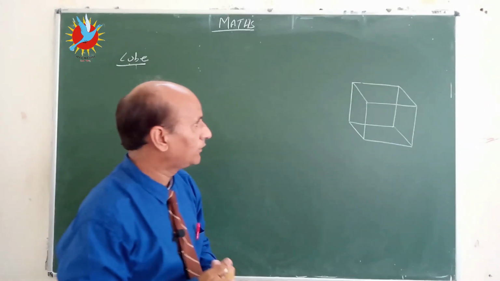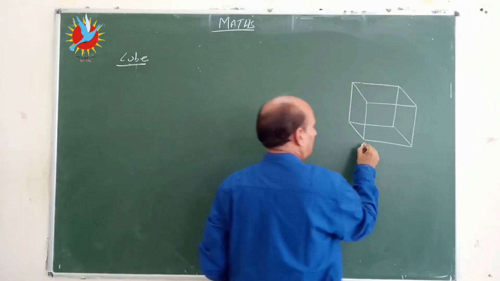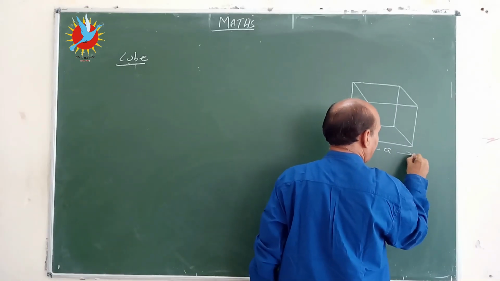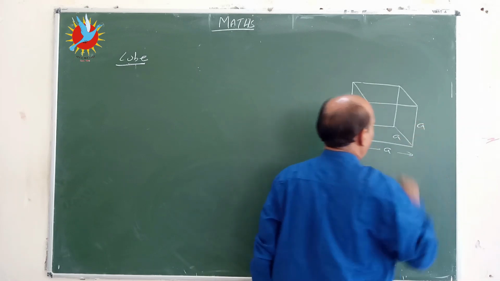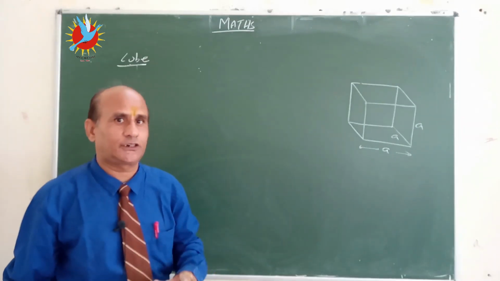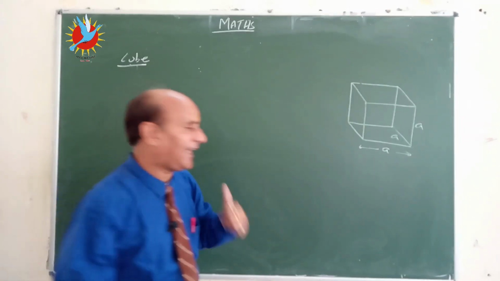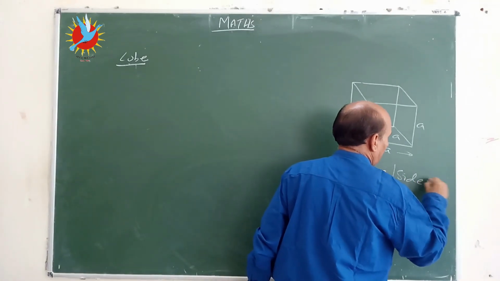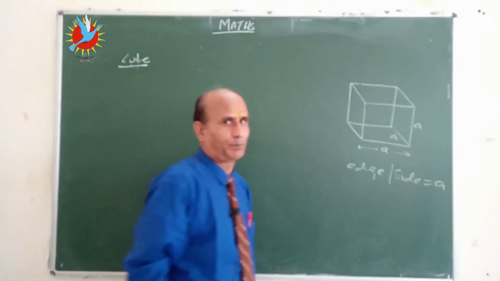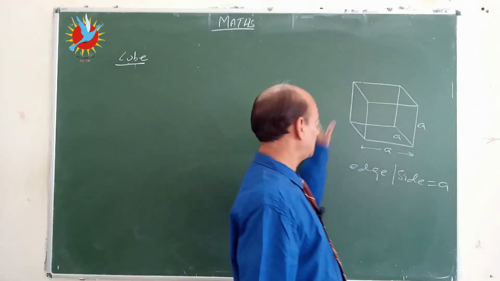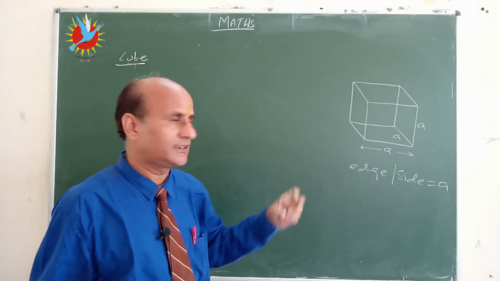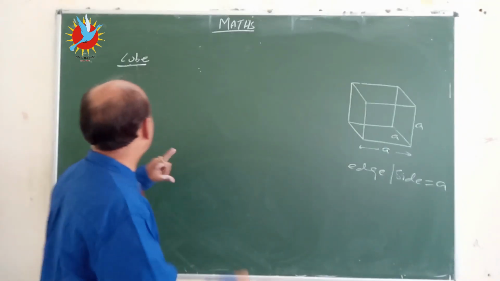It is a figure where all sides are equal and each side, let us take it as A. Now the side of the cube is sometimes also given in the form of edge, and we will take it as A. Since all the dimensions are equal in size, we will apply the same formula.